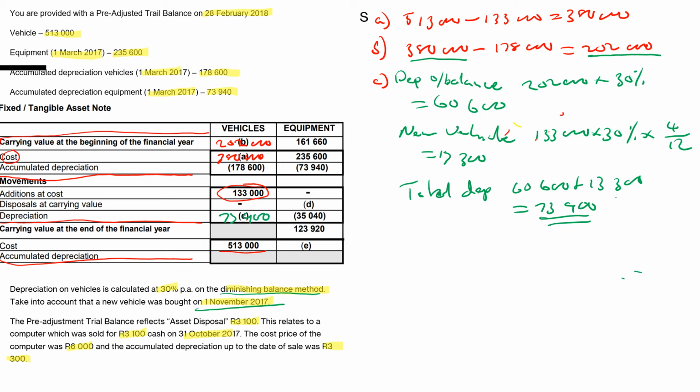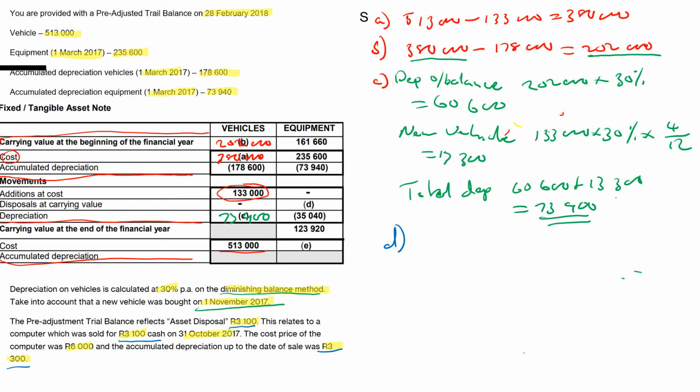Then we go to D. For D, we need to calculate the carrying value of the asset that was sold. Remember you're given here the asset disposal of 3,100. That was the cash sale on 31 October, and they've already calculated depreciation up to the date of sale.